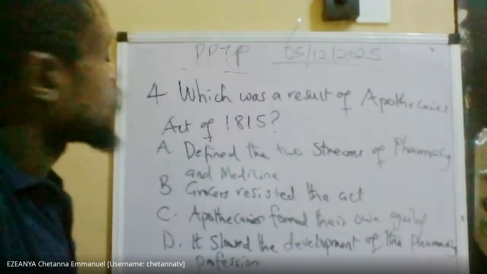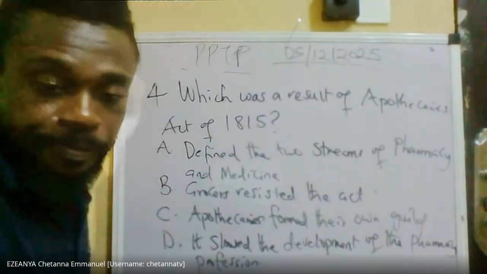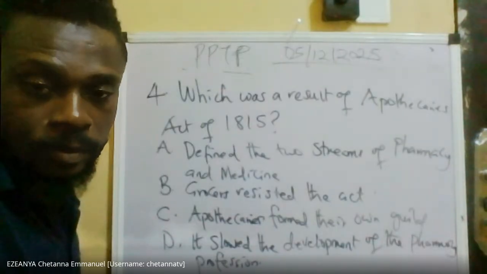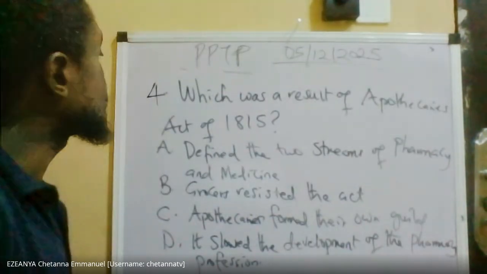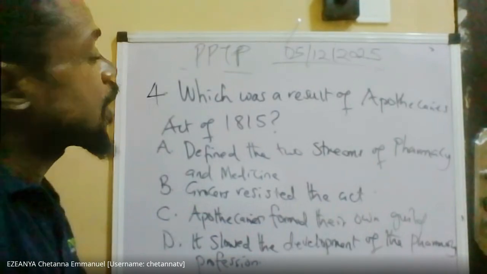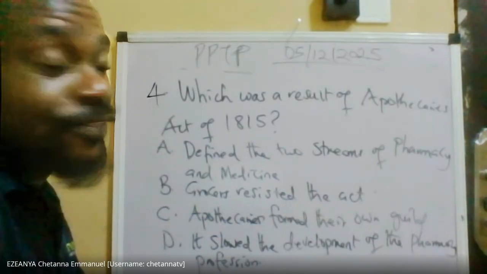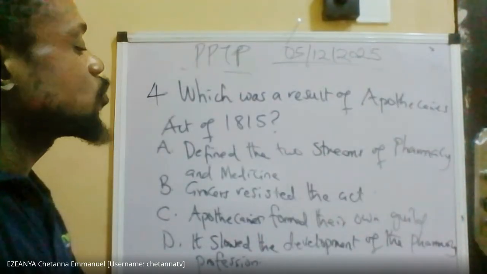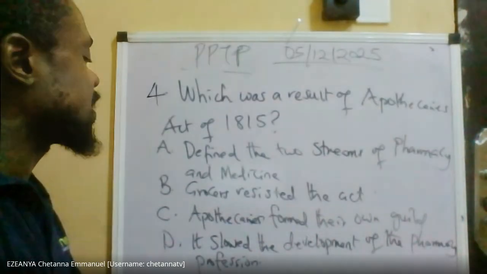All right. Question 4 says, which was a result of the Apothecaries Act of 1815? A. Defined the two streams of pharmacy and medicine.